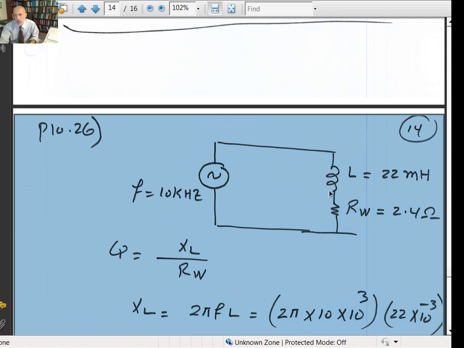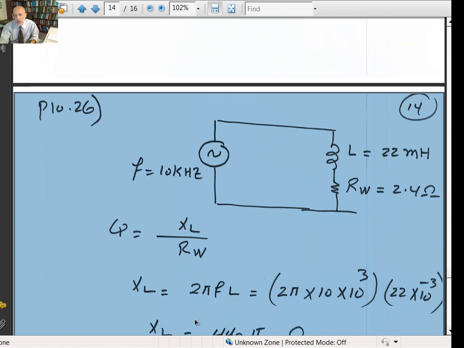The inductance will react against any change in the current, and that reactance is a function of frequency, which is 2 pi f times L. If it's DC, the inductance acts like a short circuit. If it's a very high frequency, it's going to act like an open circuit. And the capacitor does the exact opposite.